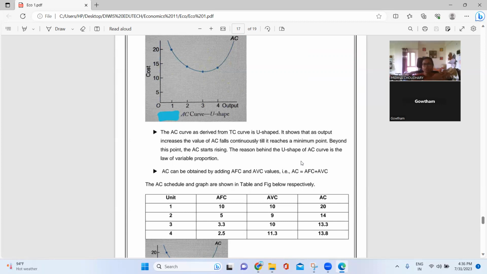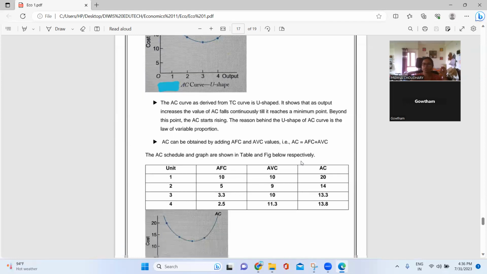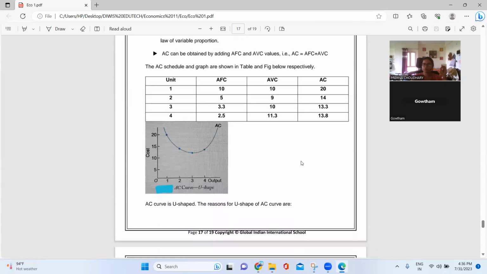Now, AC can be obtained by adding AFC and AVC. Obviously, the same logic goes here also. TC can be obtained by adding TVC and TFC. Same goes with AC. AC can be obtained with the summation of AFC and AVC. The AC schedule and graph are shown in the table and figure below respectively.